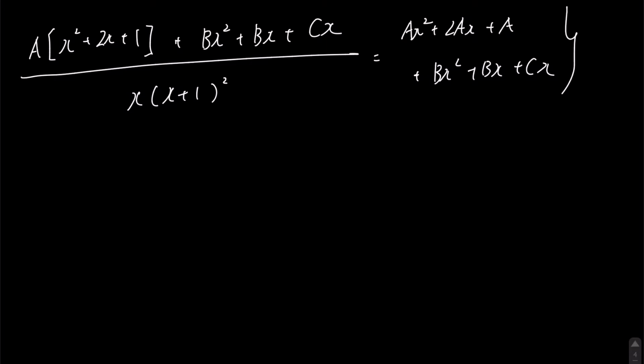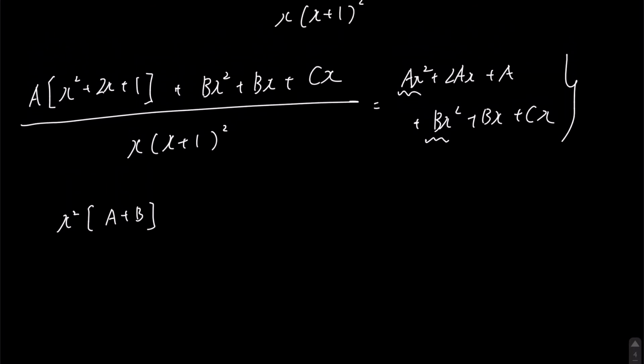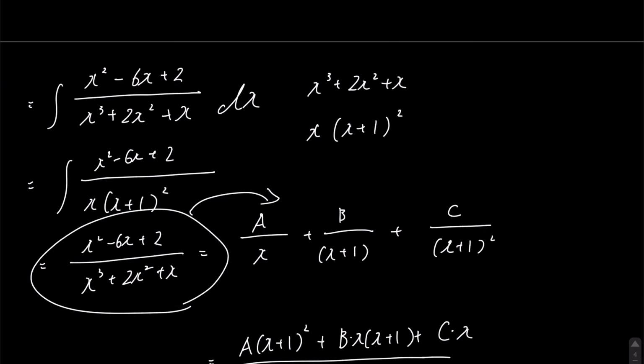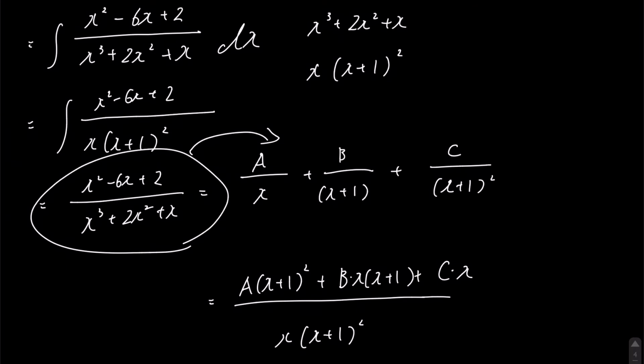So x squared times (A plus B) equals 1, because originally our numerator is x squared minus 6x plus 2, right?